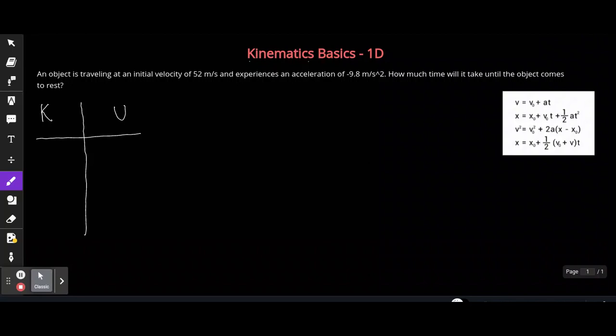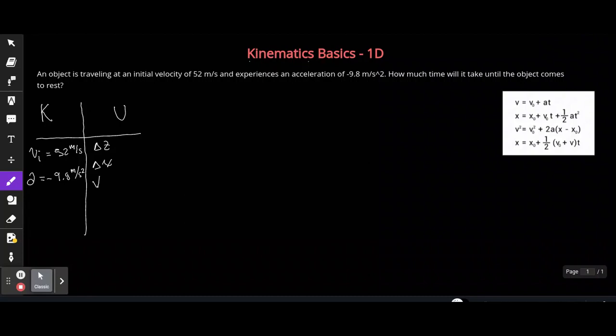So we're given that our initial velocity is 52 meters per second. Our acceleration is negative 9.8 meters per second squared. And our unknowns are delta t and delta x, or our displacement.